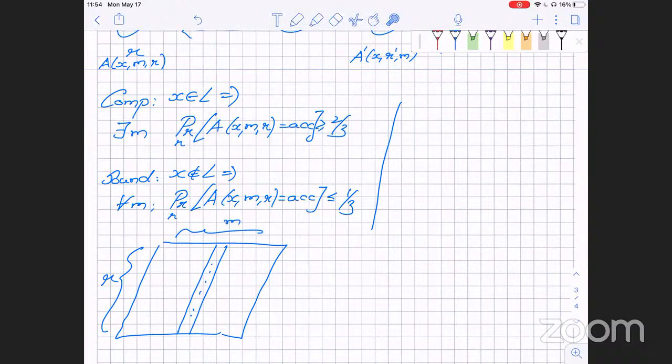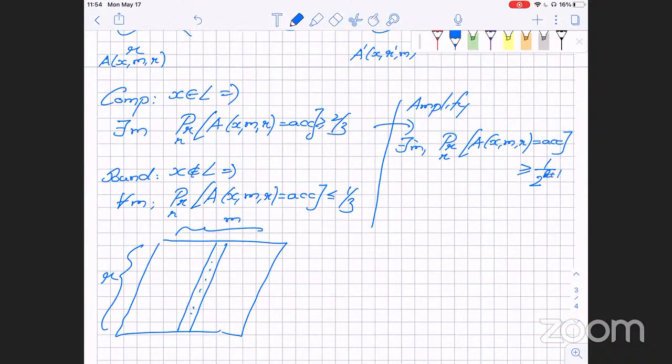So what we will do is boost the error probability. So we amplify to obtain that there exists an M such that the probability over R that A of X, M, R accepts is greater than or equal to 1 minus 1 over 2 to the l plus 1, where M was of length 0,1 to the l.